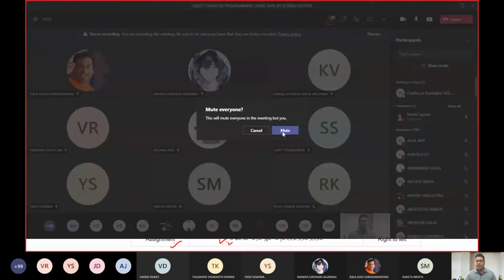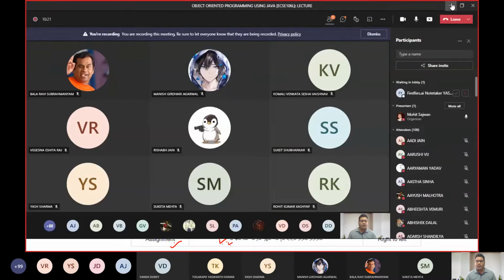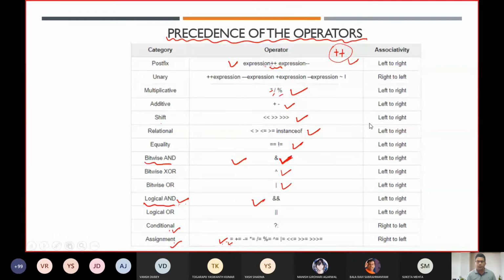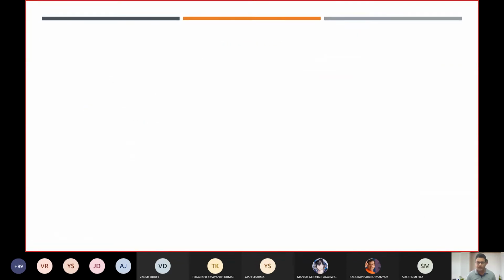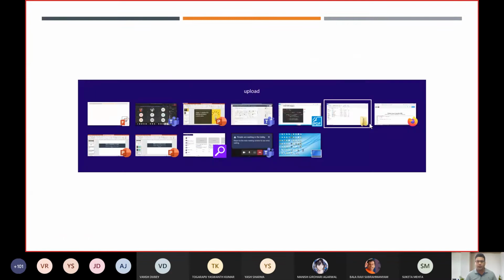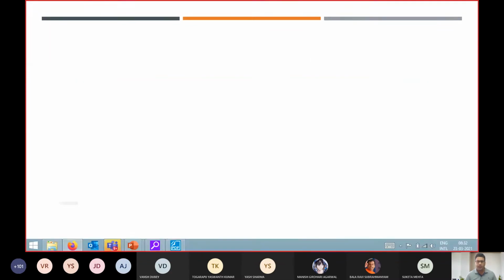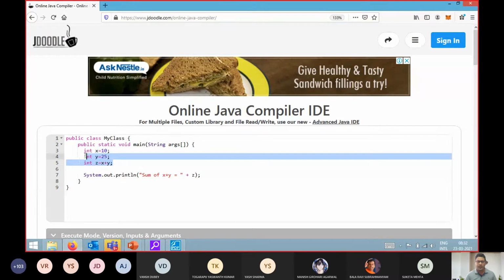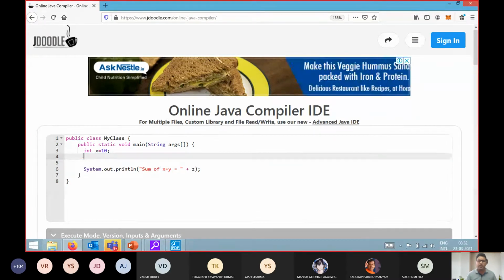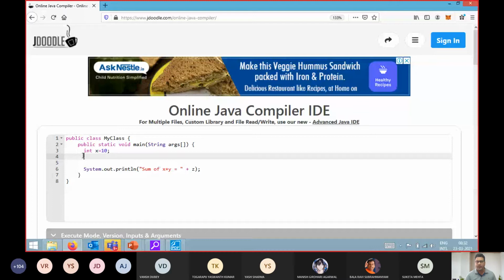Now, in today's lecture, we are going to discuss negative numbers, and how we represent a negative number. First, I'm going to compile one code in this online Java compiler, where I will show you what output we get when we execute it.